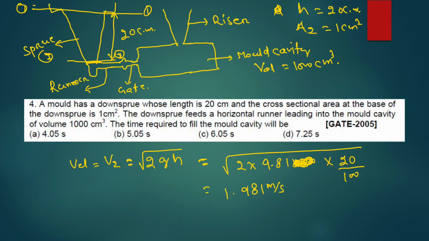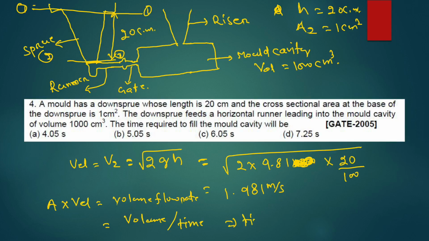And volume given, we know area into velocity is volume flow rate, which is total volume divided by time. So from here you will get time. Time is total mold volume divided by area into velocity V2.